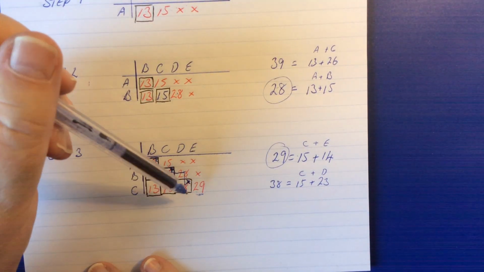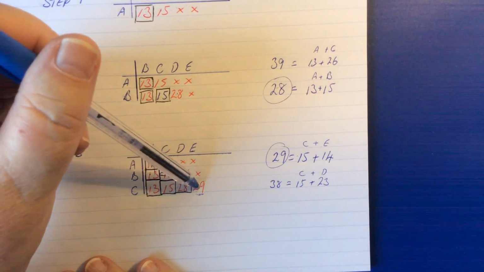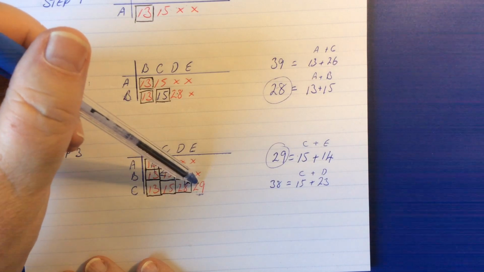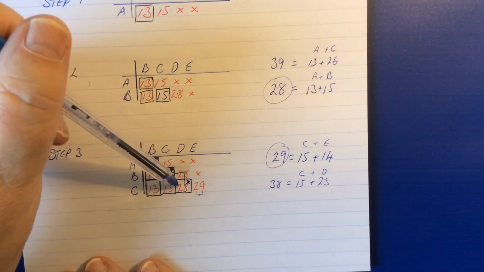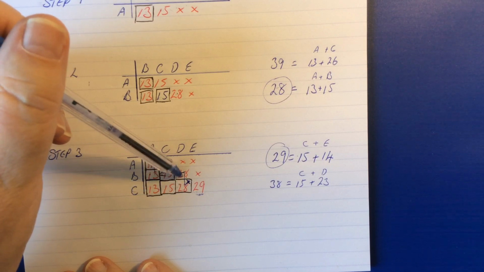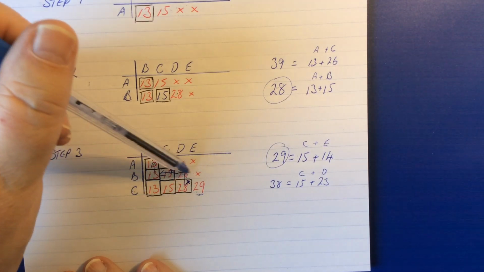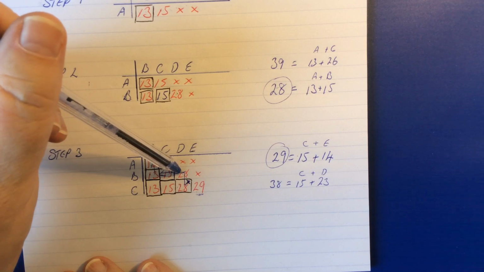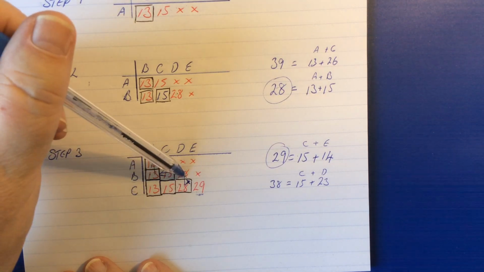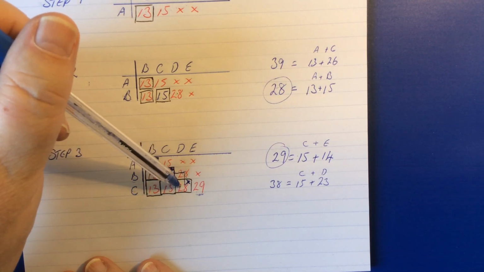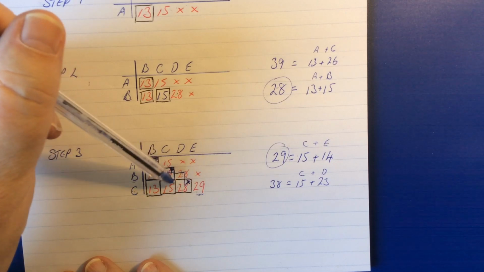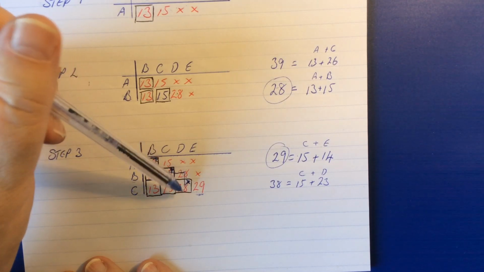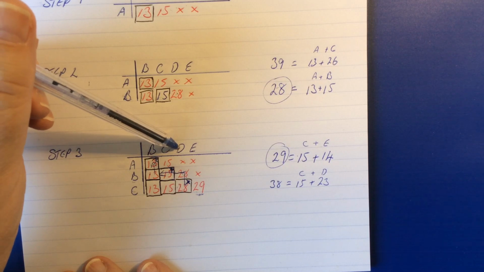Now, as it turns out, we still haven't reached our destination with a value of 29, but over here we have reached our destination with a value of 28, and because 28 is less than 29, we bring the unboxed value down from row B and put it in row C and put a box around it. We're at our destination.